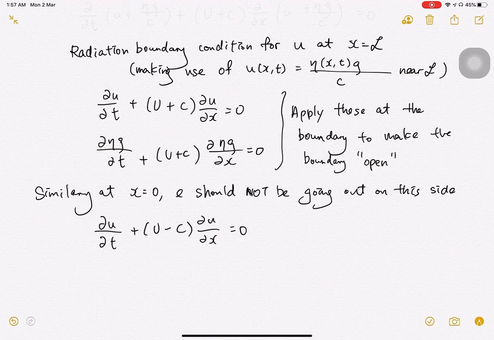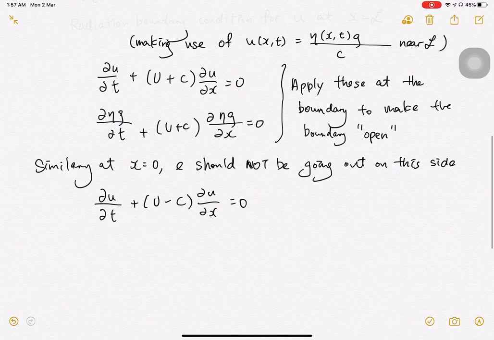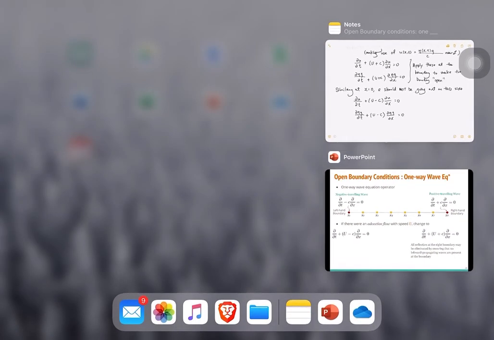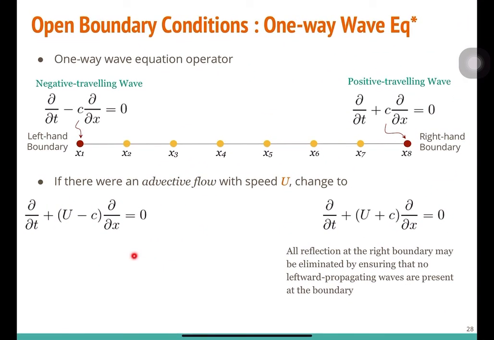Okay, if you specify these conditions in the boundary, you will not find the reflecting signal because it's open, right? Okay, that's how we can find the open boundary condition for this side and then for this side.